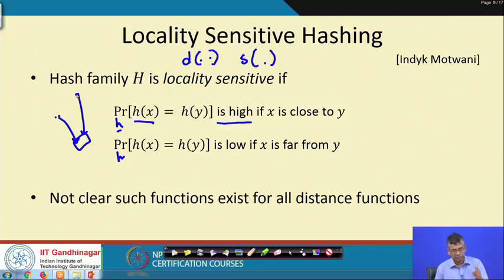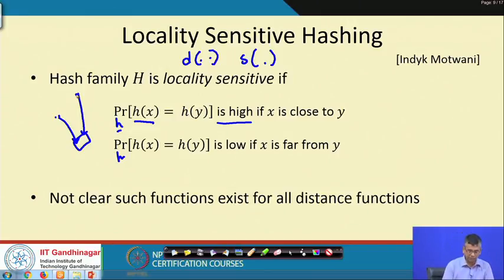It is very important to note that we are not talking about any randomness in the input. The input data is fixed, specifically x and y are fixed, and this has to work for all x and y over the random choice of the hash function.